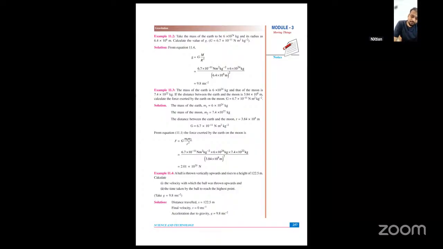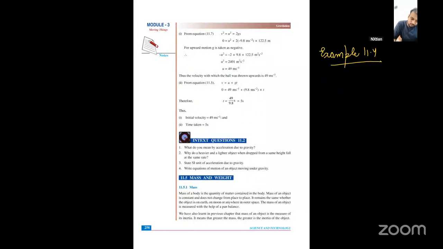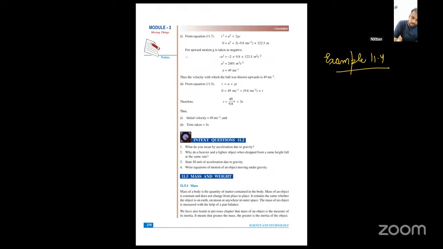The homework will be example 11.4 and in-text question 11.2.